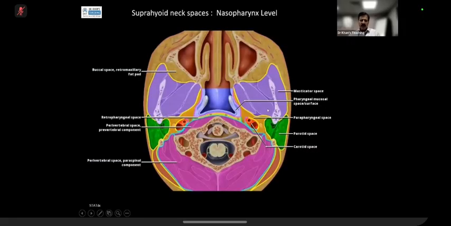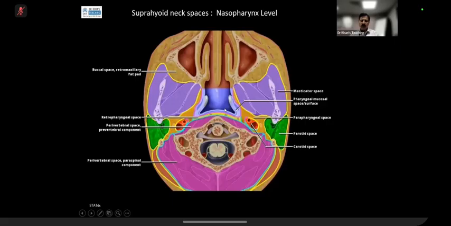So this is the level at the nasopharynx. First of all, you have to orient yourself. This is the nasopharynx. Nasopharynx is also what we call the pharyngeal mucosal space, so there is an overlap of terminology. The words nasopharynx, oropharynx, hypopharynx are traditionally used in anatomy and in staging of squamous cell carcinomas.